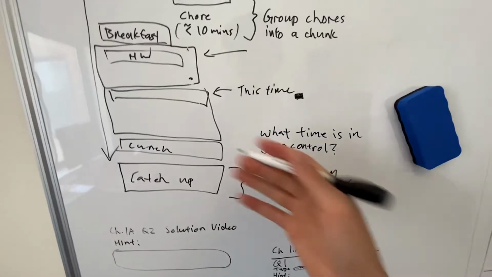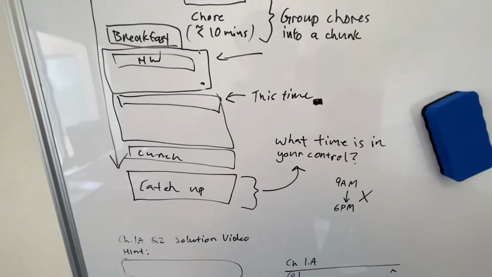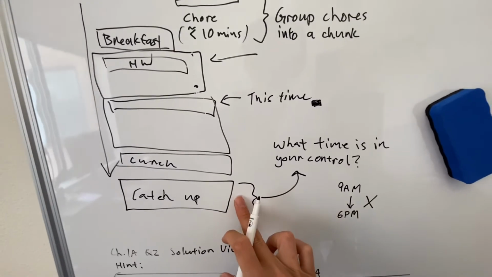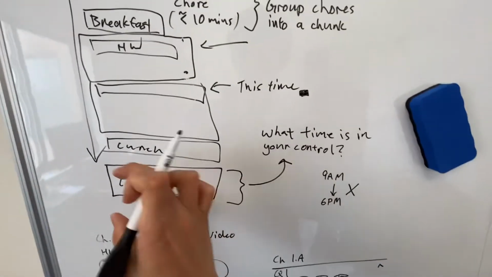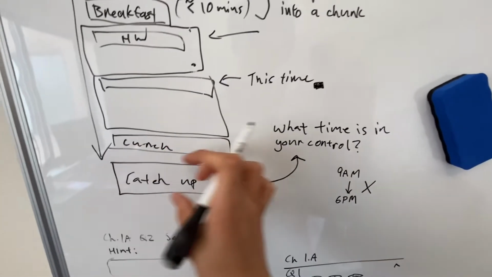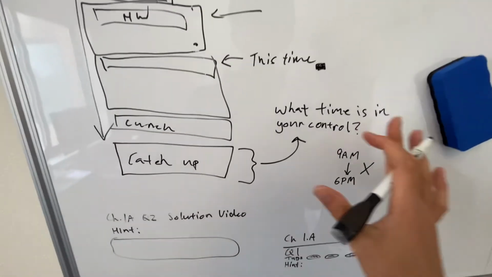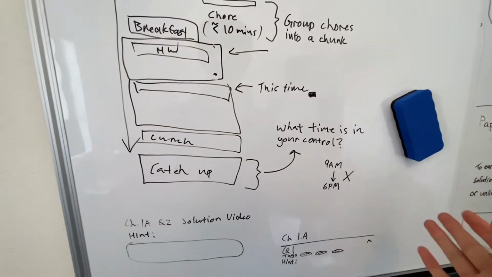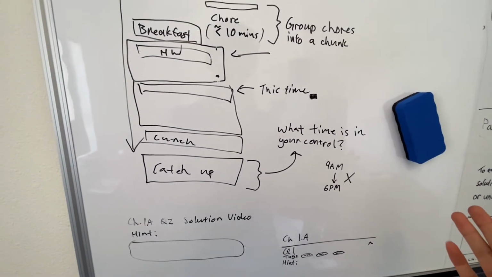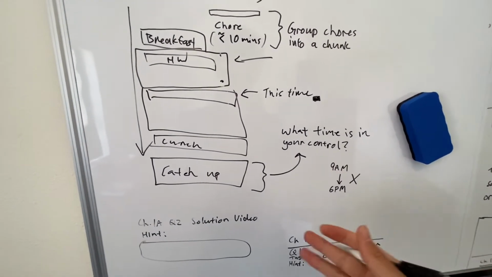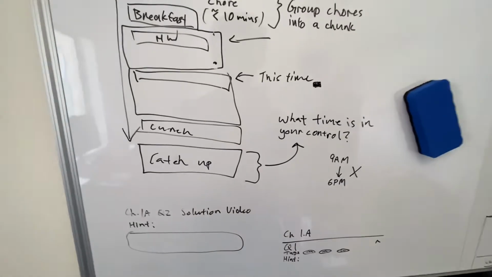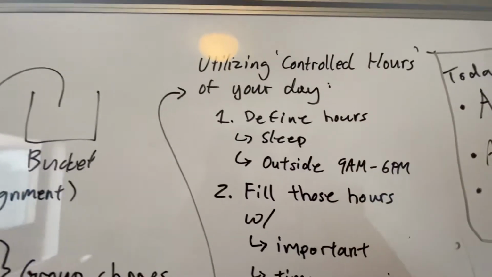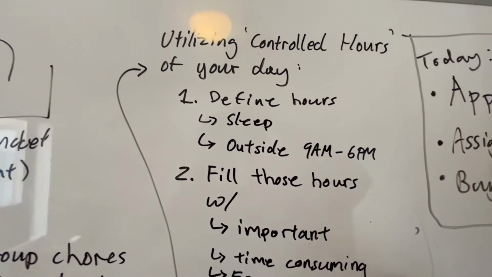Things are going to happen and your tasks are going to shift around during that time. But your catch-up needs to be in a time zone, an hour or 2 hours during your day where you don't have anything, where you can be pretty certain that nobody's going to call up and ask you to come out and go bowling or something.